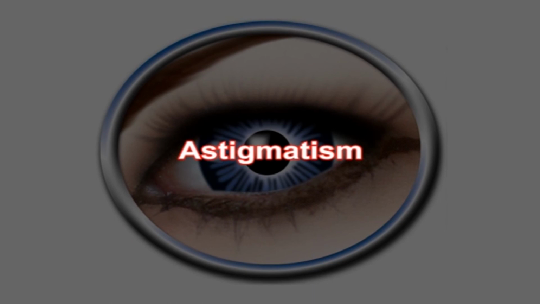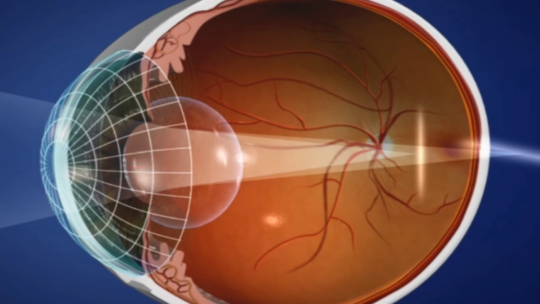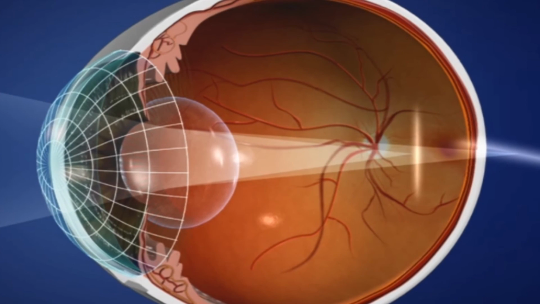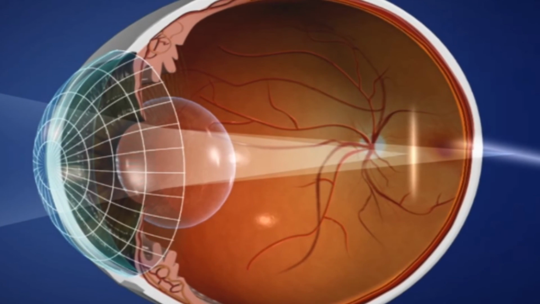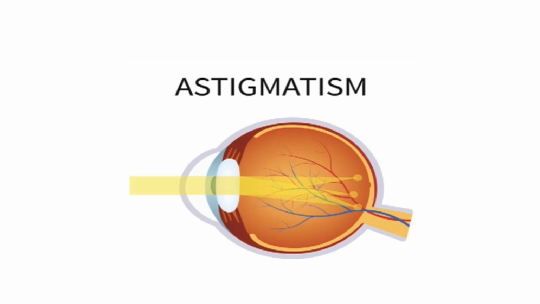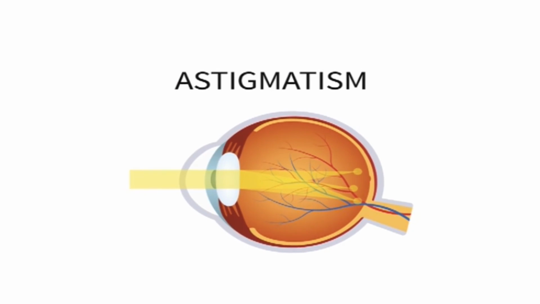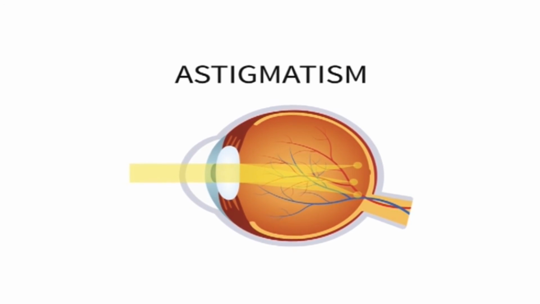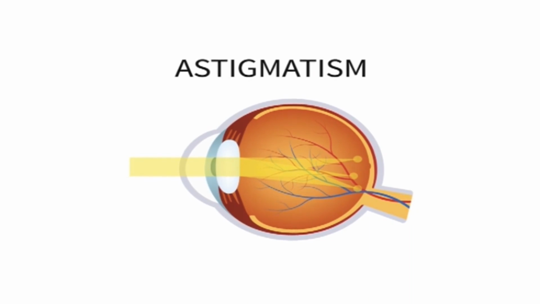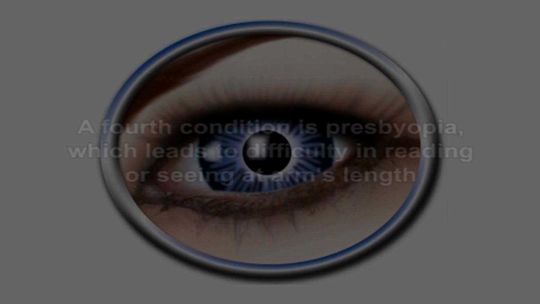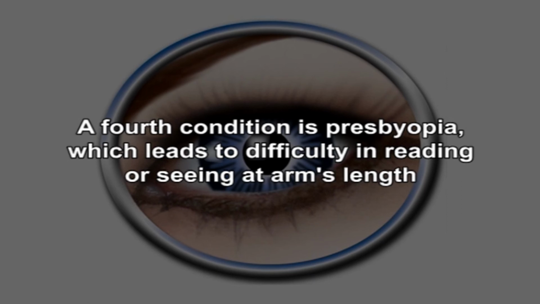Three, astigmatism, distorted vision resulting from an irregularly curved cornea, the clear covering of the eyeball. Astigmatism is the result of the irregular curvature of the cornea or of a more oval-shaped eyeball. A fourth condition is presbyopia, which leads to difficulty in reading or seeing at arm's length.